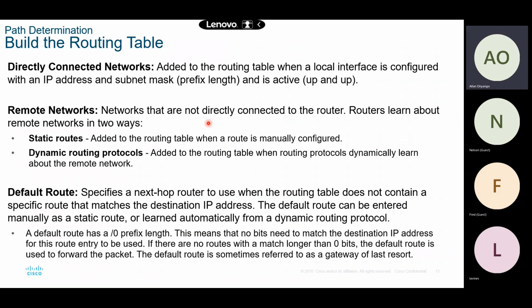Now, we know that the routing table is not a very big table, and that means it has limits. And so the routing table cannot store all the remote networks in the world. It doesn't have that space.